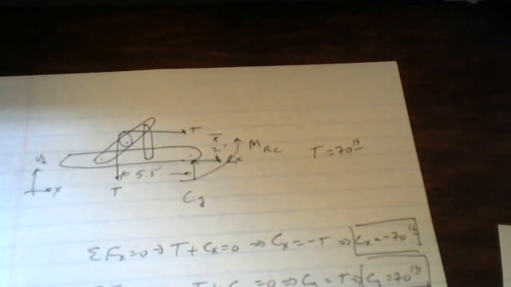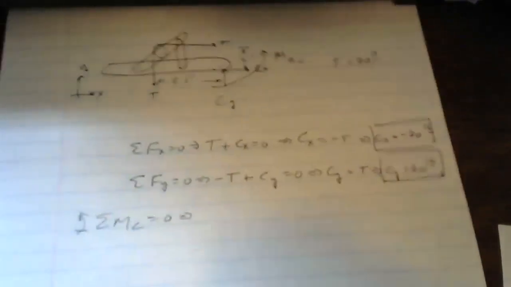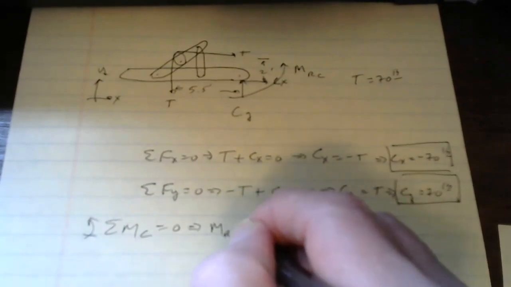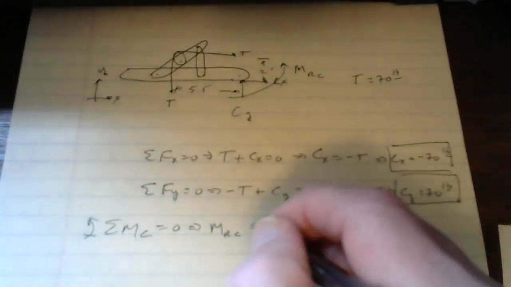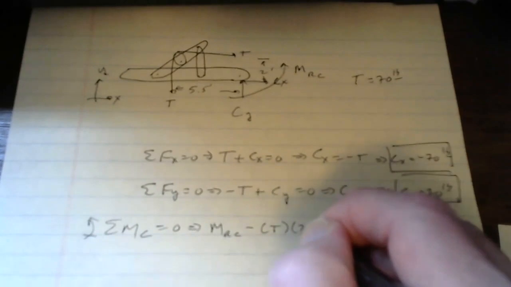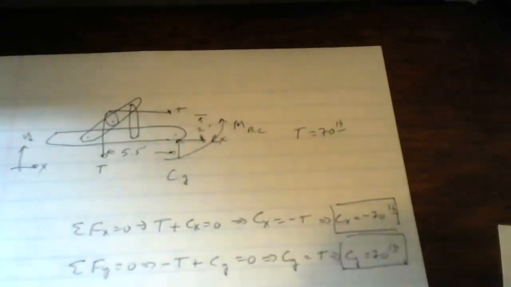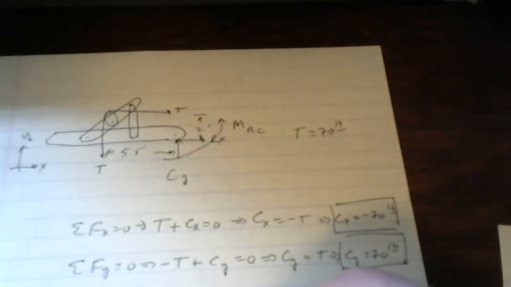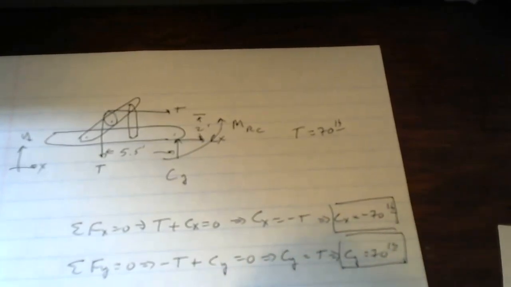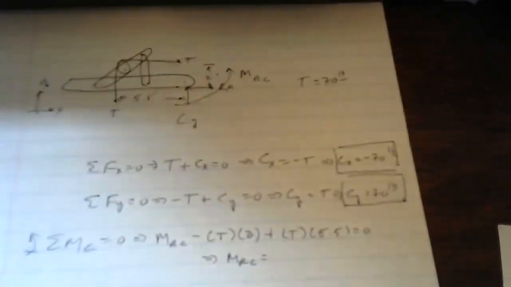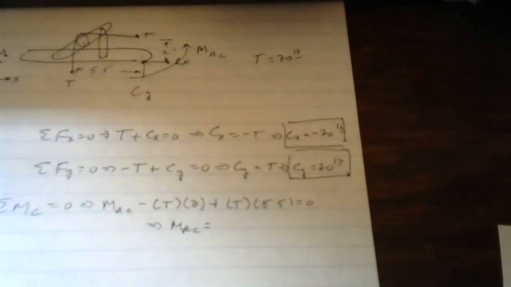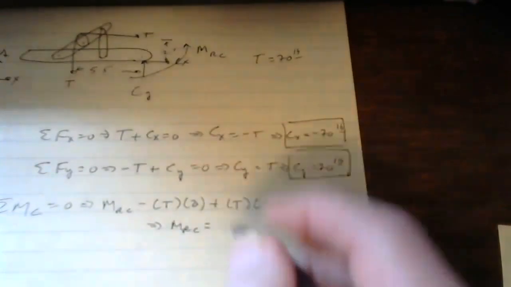I'm assuming counterclockwise is positive. So I have MRC minus T times 2, that's the moment caused by this cable tension, and then plus T times 5.5 is equal to 0. T is equal to 70. A little bit of arithmetic, and I get MRC is equal to minus 245 pound-feet.